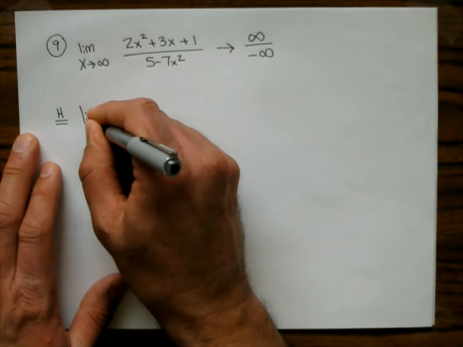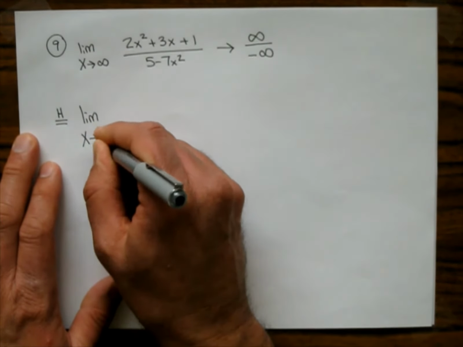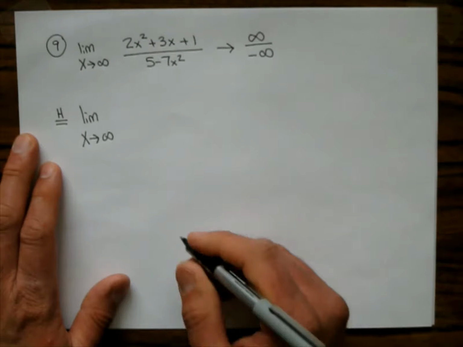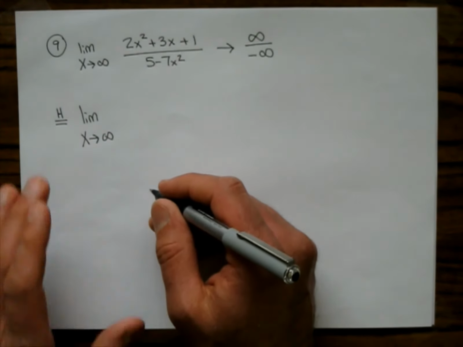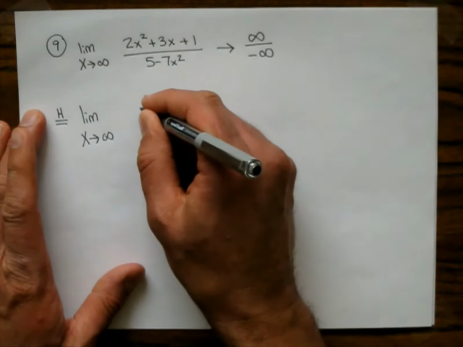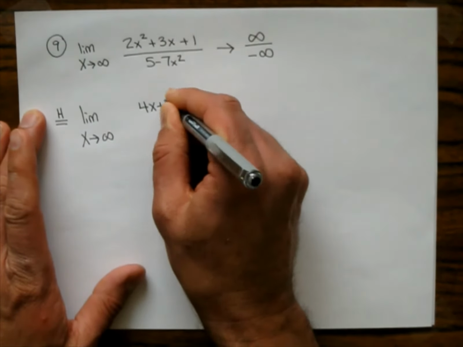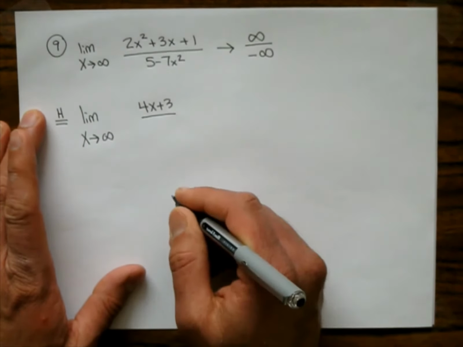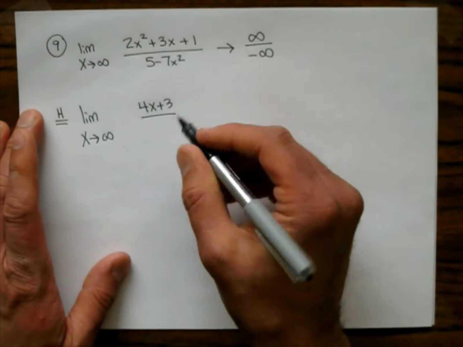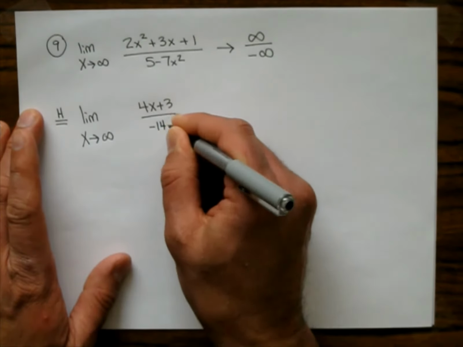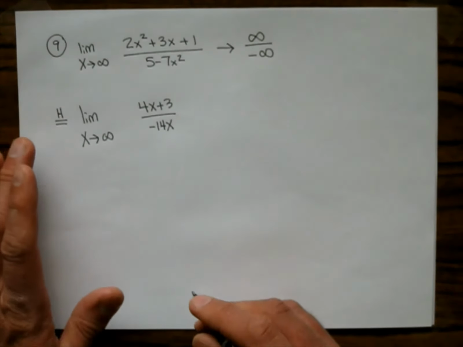L'Hopital's rule says we take the derivative of the top, which happens to be 4x plus 3, and the derivative of the bottom, which is going to be negative 14x.